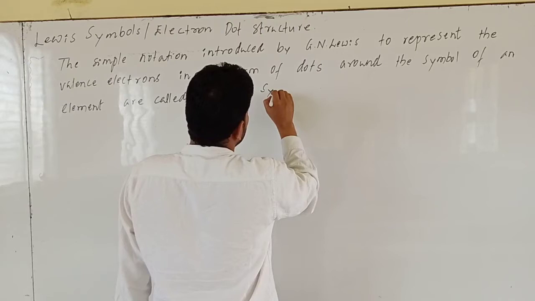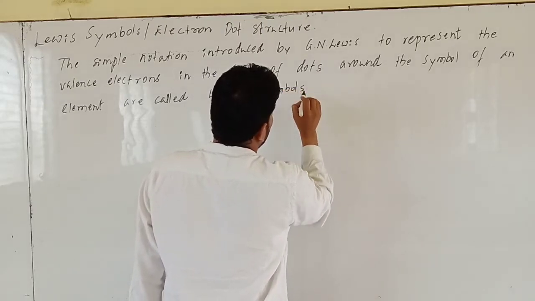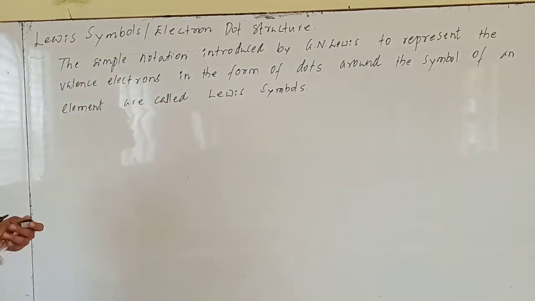Lewis symbols are electron dot structures.